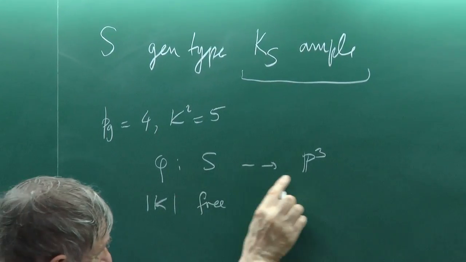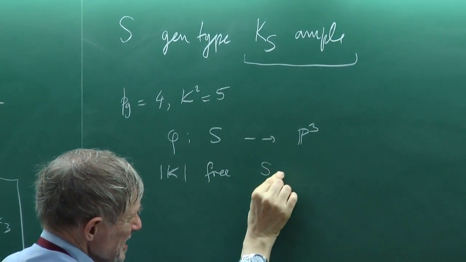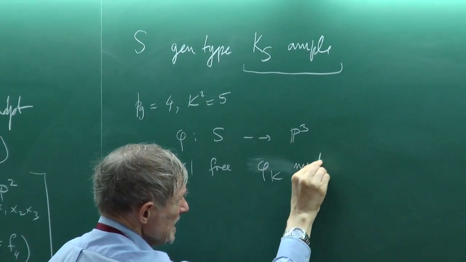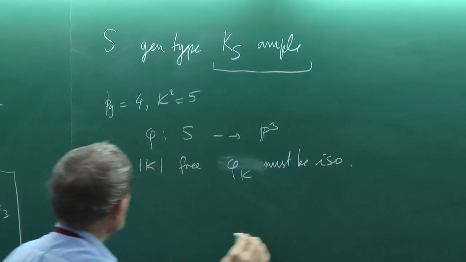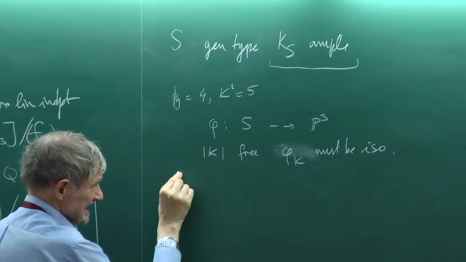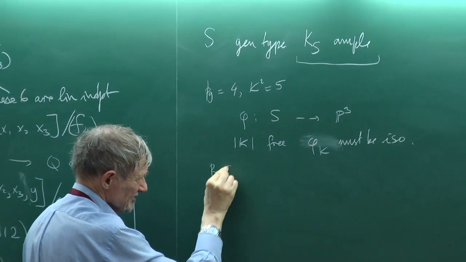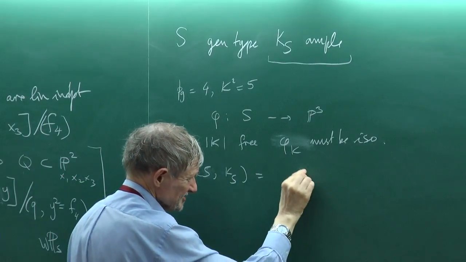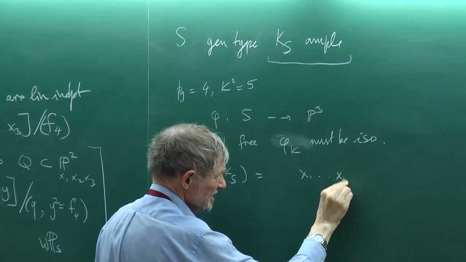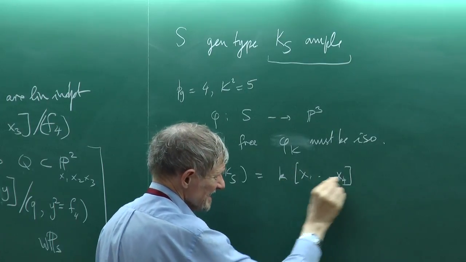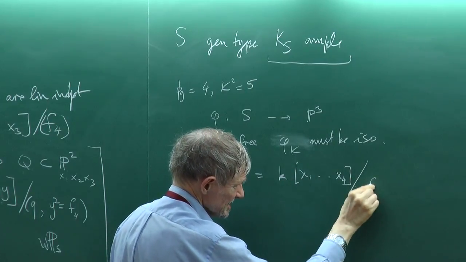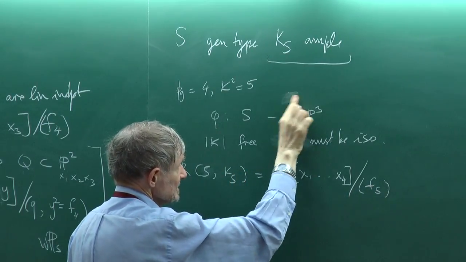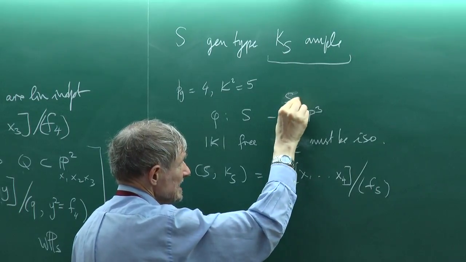And in that case, just by degree correspondence, this S must be, phi_K must be an isomorphism, and we get that the graded ring R(S, K_S) is K[x1 up to x4] divided by a relation F5. So this just says the surface is S_5 in P3.